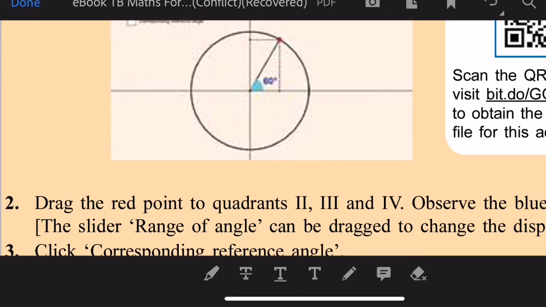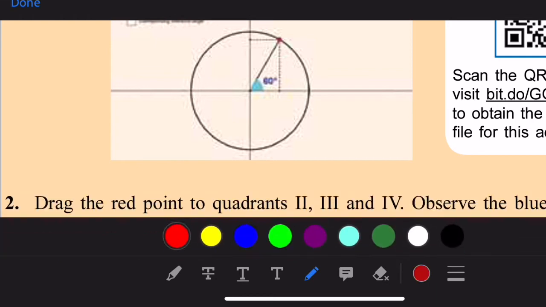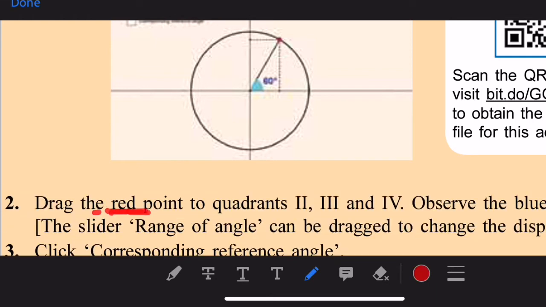Okay, let's do the activity now. We are going to understand what is corresponding reference angle. You see there's angle 60 there. The red point, we are going to drag this red point to quadrant 2.